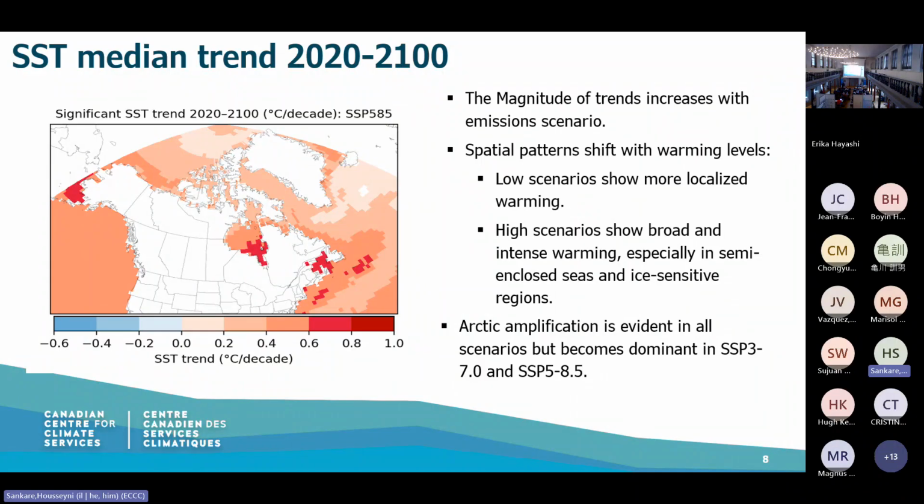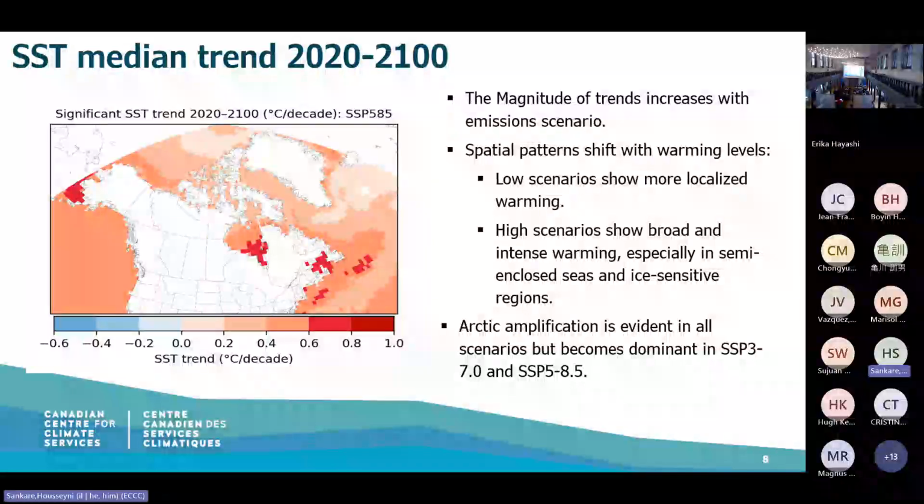I take the whole period 2020 to 2100 under all four scenarios. And you see the historical, just to show the reference. And after that, that is the first scenario, the second one, and the last scenario.